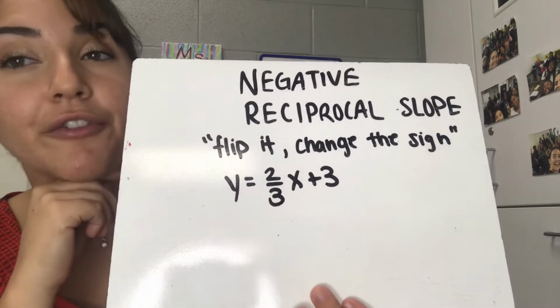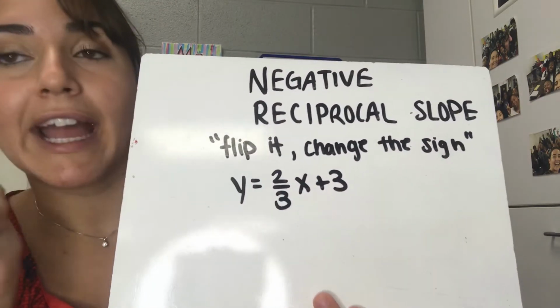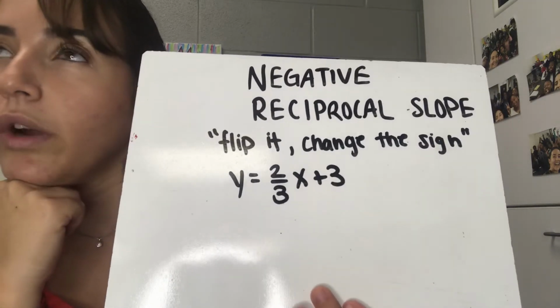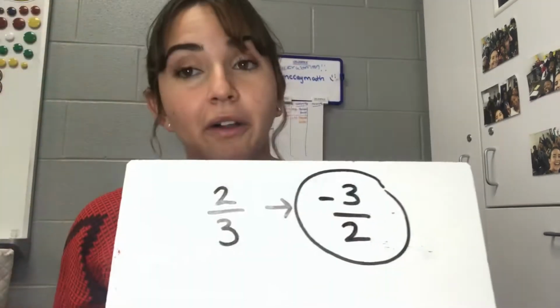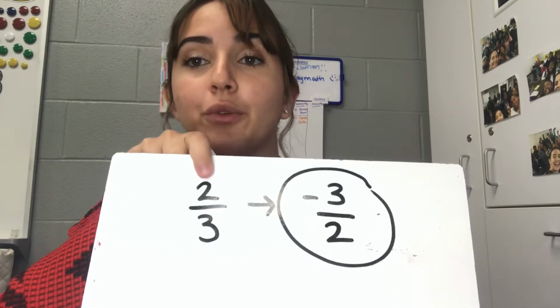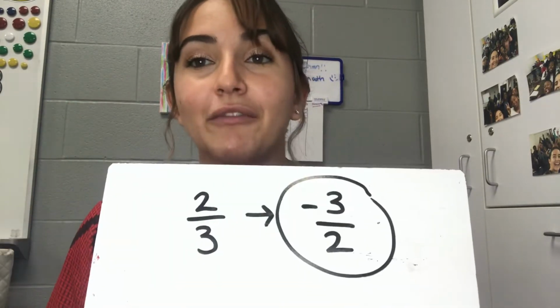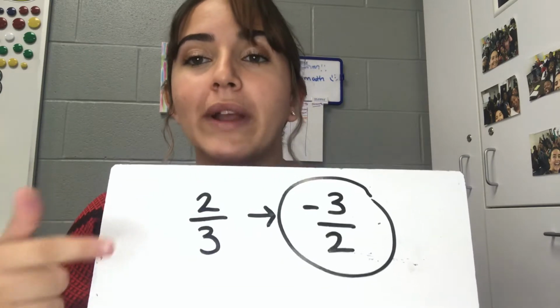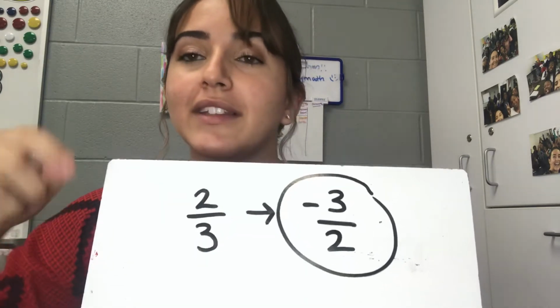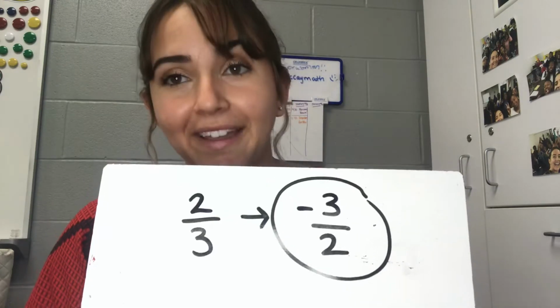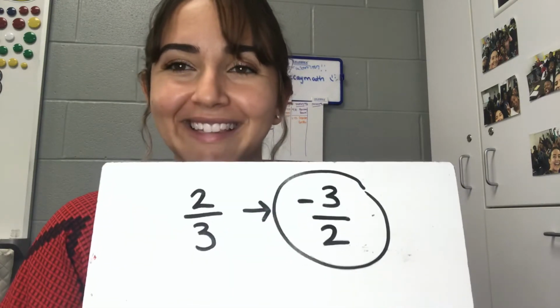If I were going to flip 2/3 and change the sign, what do you think it'd be? Well, the negative reciprocal of 2/3 is a negative 3/2. The 2 went to the bottom, the 3 went to the top, and it became a negative. So now that you know that, let's get started.